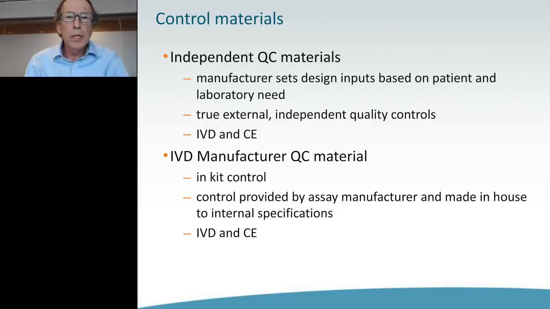So, control materials, independent QC materials, that's what we produce here at SeraCare. The manufacturer, in this case SeraCare, sets the design of the control based on inputs from what patient diagnostics and the laboratory need. We view them, as the industry does, as true external independent quality controls. And our controls have both IVD, US, and CE marks.